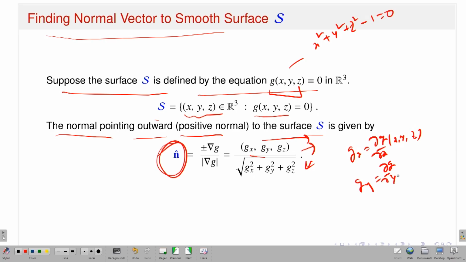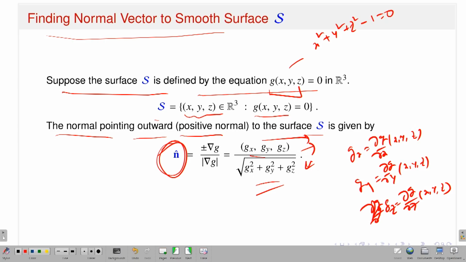Del g del y at the point x y z. And gz, del g del z at the point x y z. So you know the function g, so you can calculate del g del x, del g del y and del g del z at the point x y z, and you just divide by the norm, and that will give you what is called the normal pointing outward. Okay, plus sign is there, that's why I am talking about pointing outward. If it is minus sign, it means pointing downward.